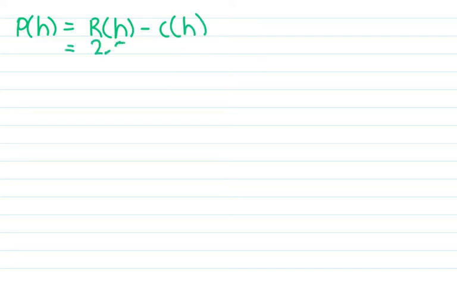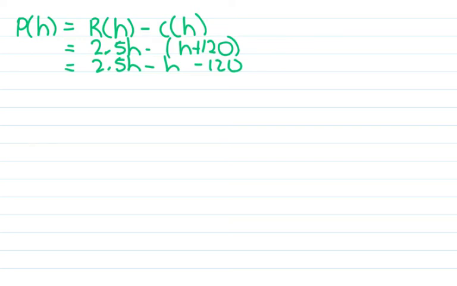So R of H was 2.5H minus C of H was H plus 120. 2.5H minus H minus 120 equals 1.5H minus 120, and that is our simplified function for profit. So that's an algebraic model. We're just going to skip the graphical model for now.